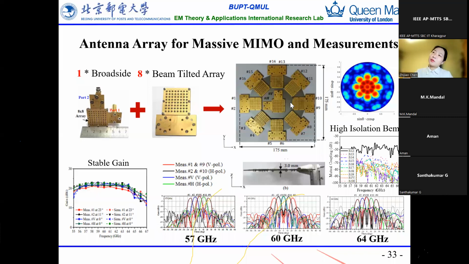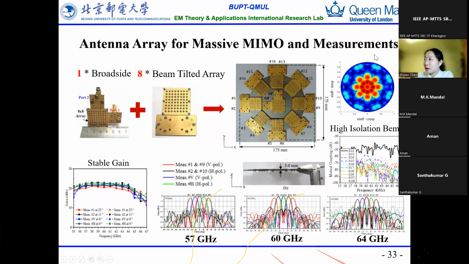And to achieve the maximum MIMO function, I combine one broadside antenna and the 8 beam tilted arrays and achieve this architecture. And in this architecture, we can do the mapping. Here, you can imagine that this is the ceiling antenna and this is the ground.